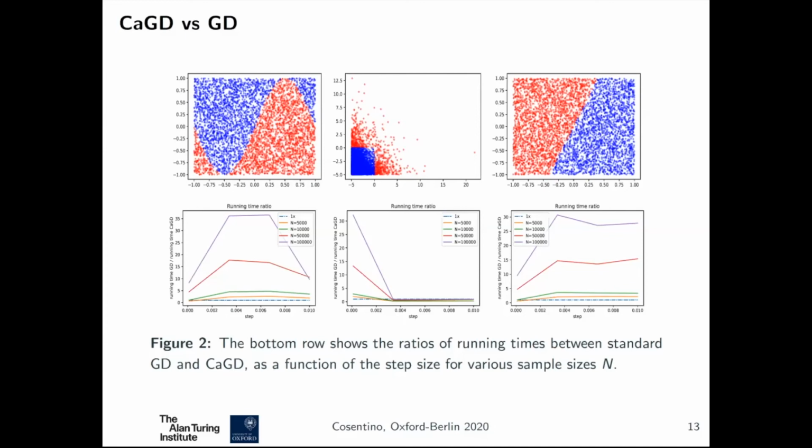In this experiment, we want to classify the blue or the red points, and we run the gradient descent up to a certain level of the gradient, and then we run the accelerated Caratheodory gradient descent to reach the same value of the gradient reached with the gradient descent. And as can be seen, we can get an acceleration of up to 35 times.